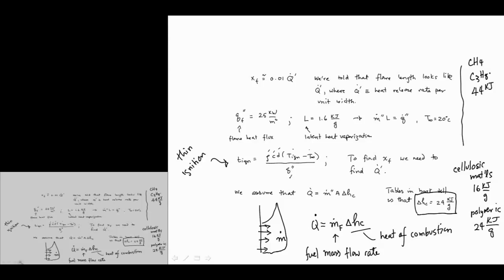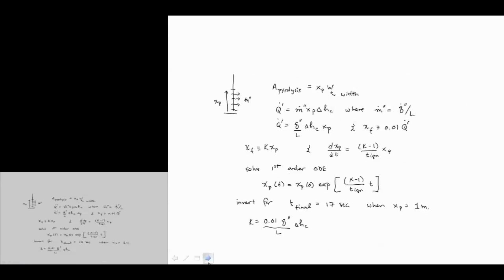Okay, so the pyrolysis area is just the pyrolysis length times a width. So on a width basis, we see that there's this proportionality to the pyrolysis length.